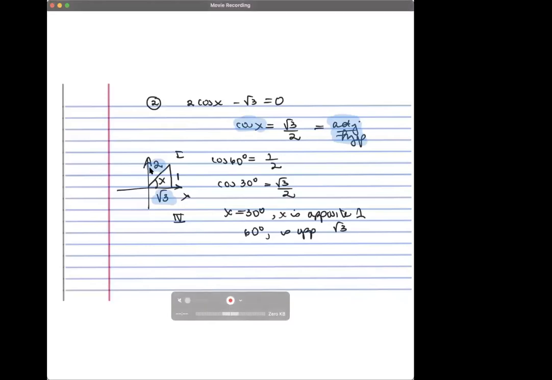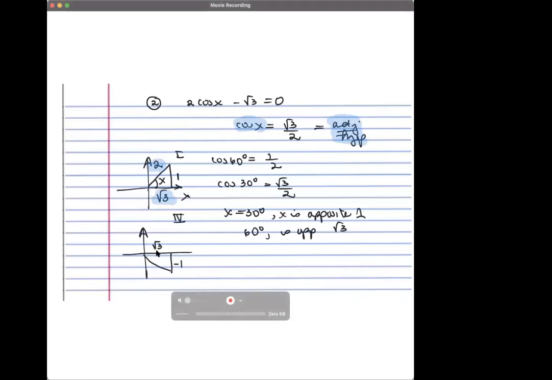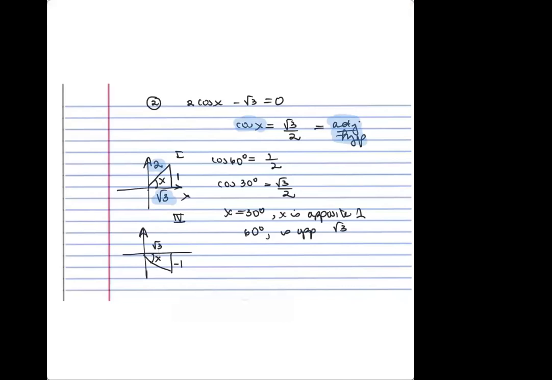So not only this angle here, X, but this one as well. Now the Y is negative, but we don't care about that. So that's also true. So that's the case in quadrant 4.